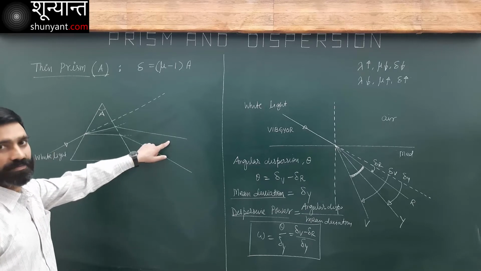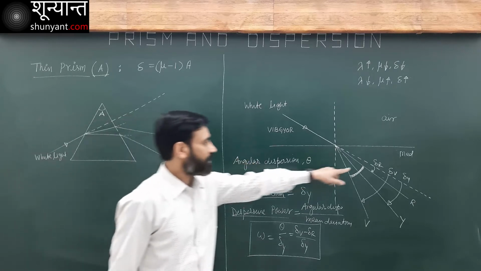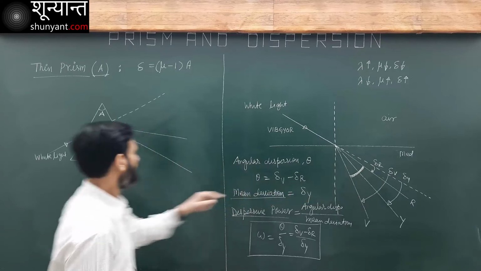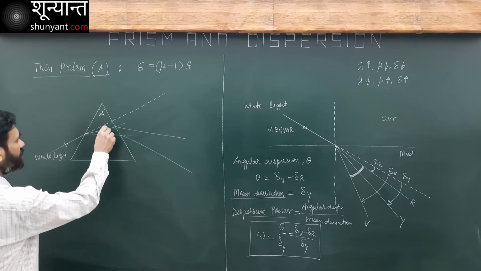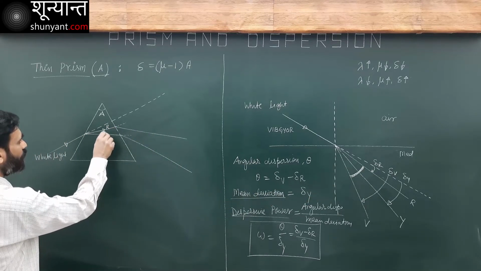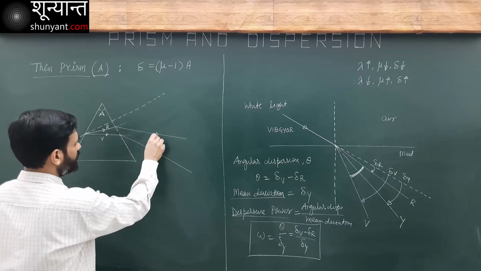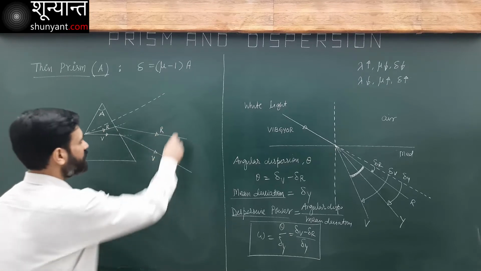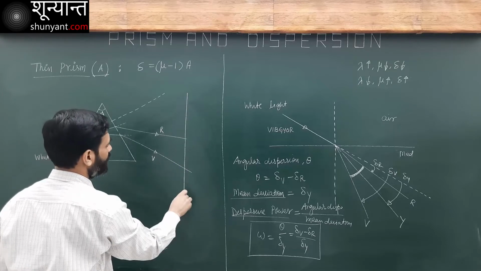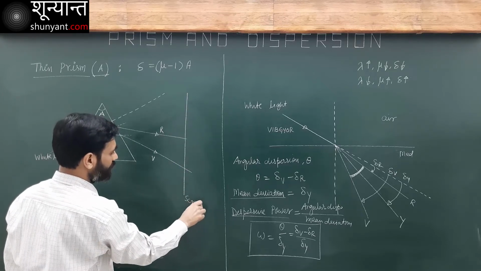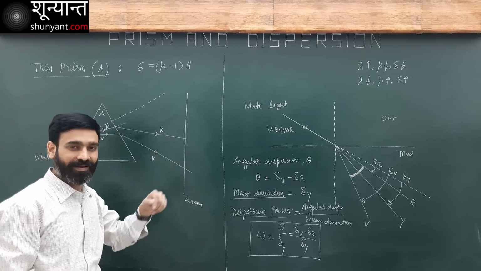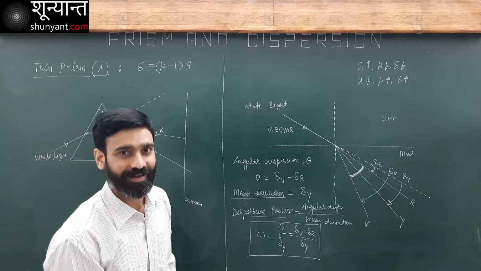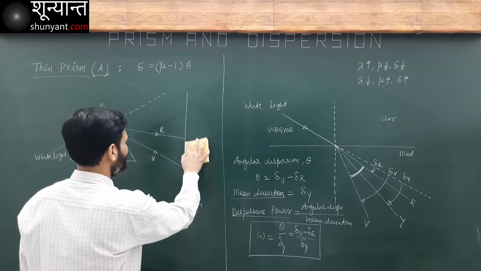What color is this? Minimum deviation in red, maximum in violet. That means this is red color here, and this is violet color here. And if I keep a screen here, I am going to get all the colors here, like in a rainbow. Okay, do you see this?